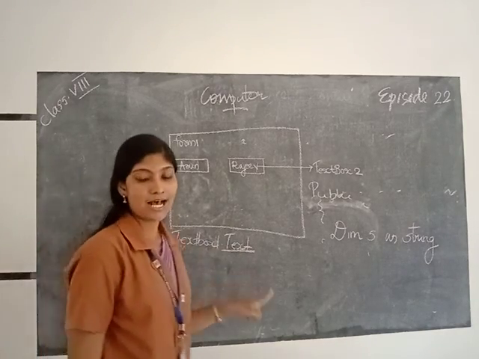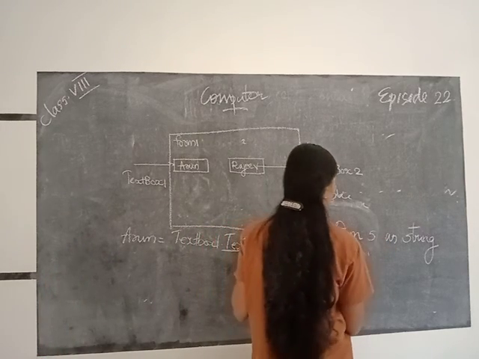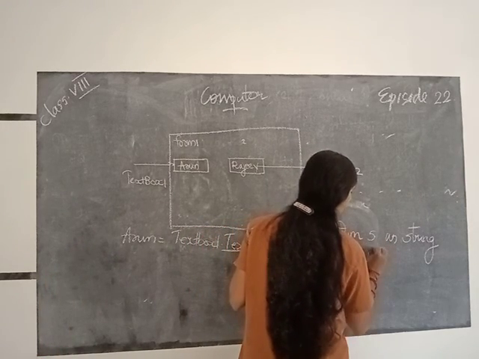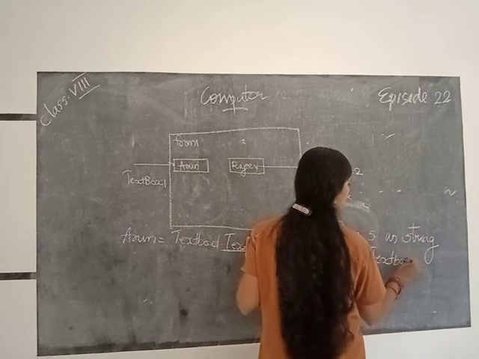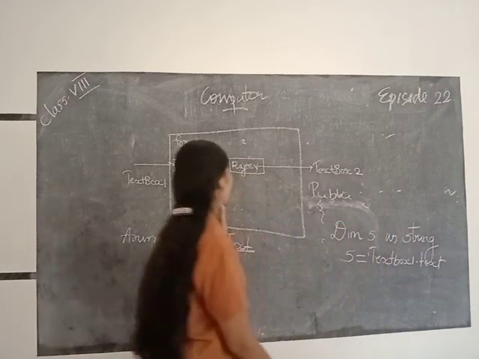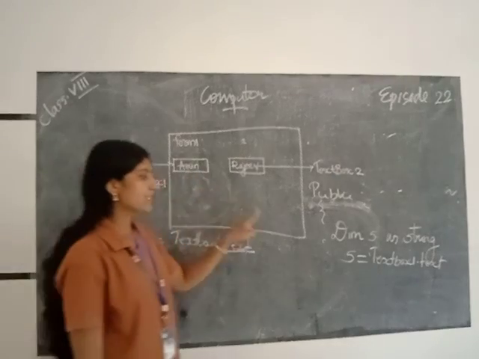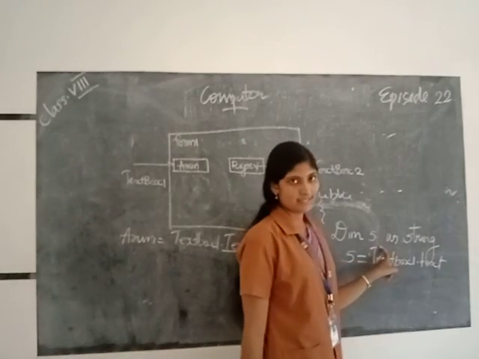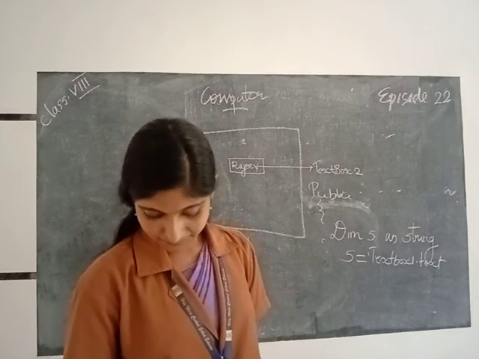Arun, and that is assigned to the variable. So here is the variable s, which is assigned TextBox1.Text. So the name entered in text box 1 is assigned to the variable s.